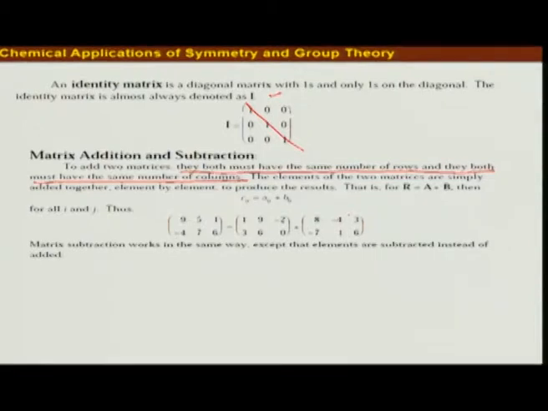But if I had a matrix something like 1, 2, 3, 4, 5, 6, 7, 8, 9, I could not add this to the other matrix, because the first row and second row would be fine, but the third row would not work. So I cannot do this element by element addition. So that is the condition for addition or subtraction, and how you do it I told you, and this is specifically mentioned here. Okay, and this is true for both subtraction as well as addition.